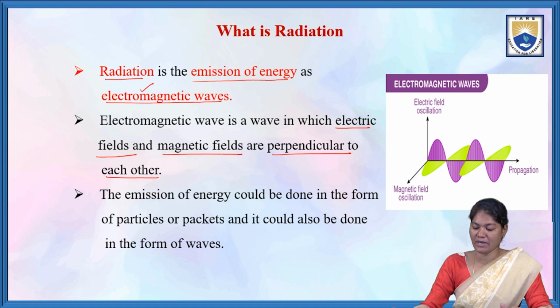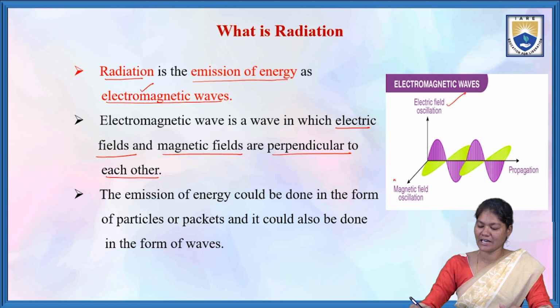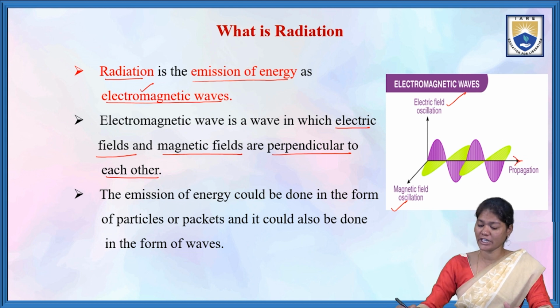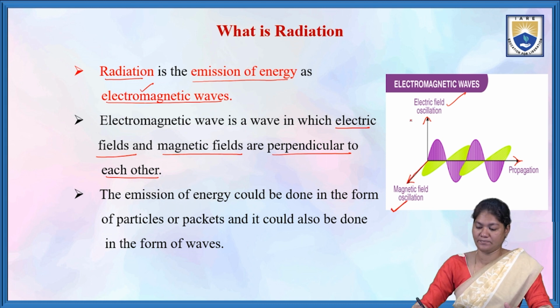So by oscillating electric field and magnetic field together, it produces an electromagnetic wave which is perpendicular to both. In this figure, the electric field is in the y direction and the magnetic field is in the z direction. These perpendicular electric field and magnetic field are oscillating together.